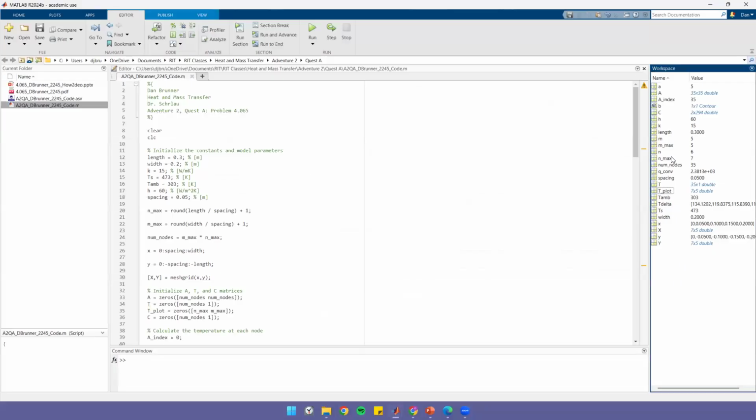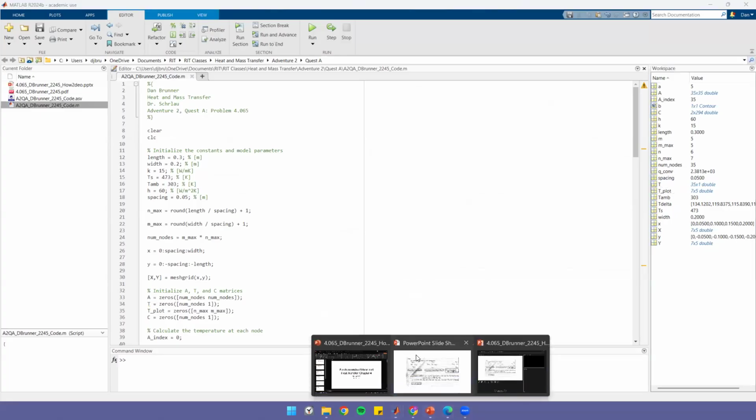You can see that the total heat transfer rate per unit length of the bar is around 2.38 or 2.39. That's also given by the MATLAB script over here. You can see QComp 2.38 kilowatts per meter. So that is how you solve problem 4.065. Thank you.